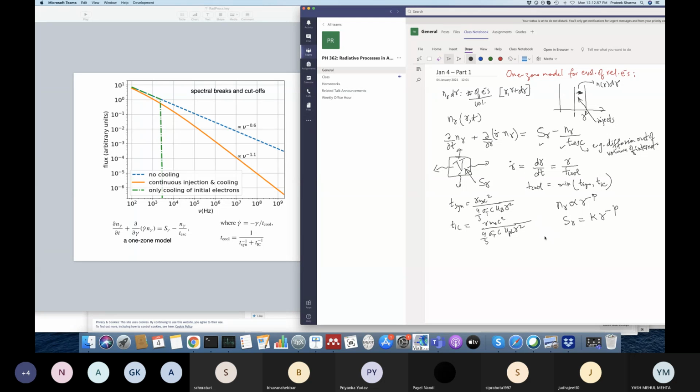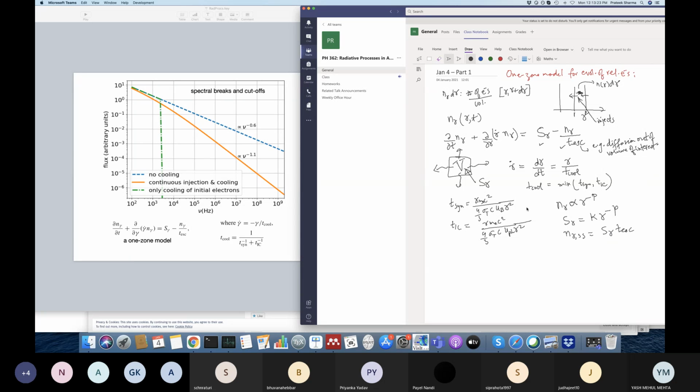If your cooling losses are negligible, that is, the electrons don't cross these gamma bins because of cooling, then this term gamma dot is 0. And if you're considering steady state, the right hand side is 0. So n gamma in steady state is equal to S gamma T escape.